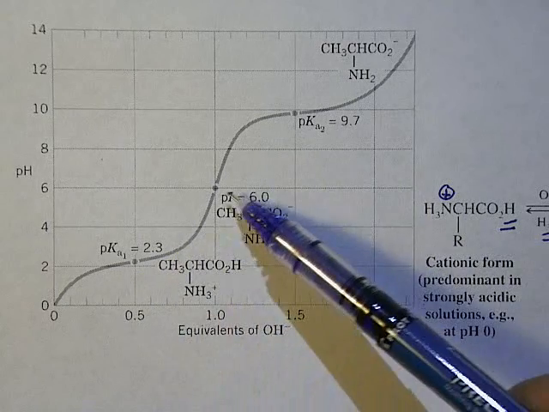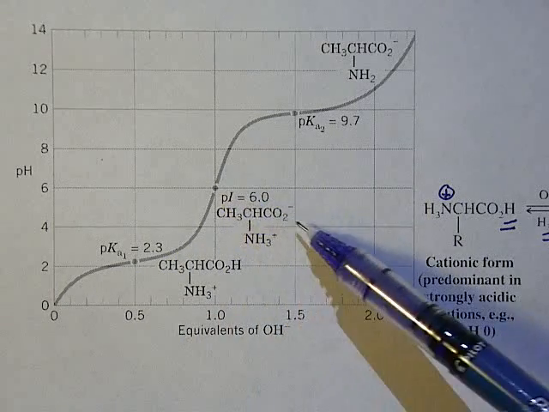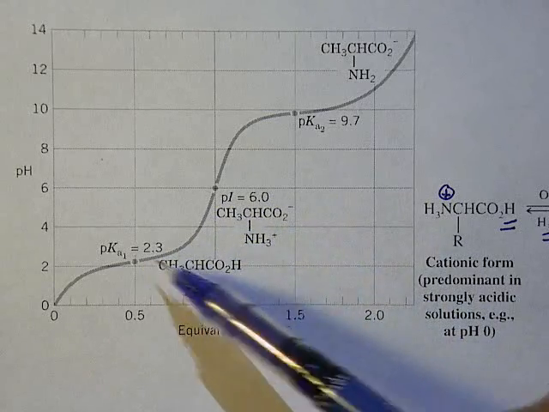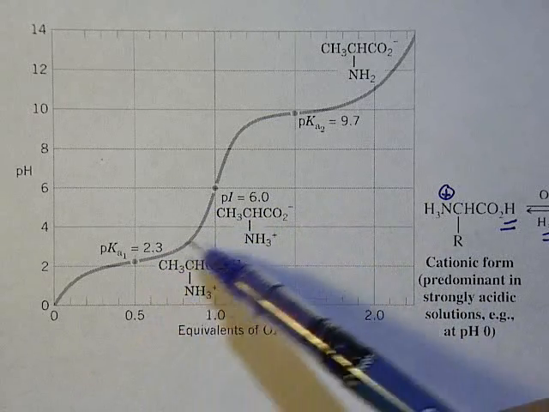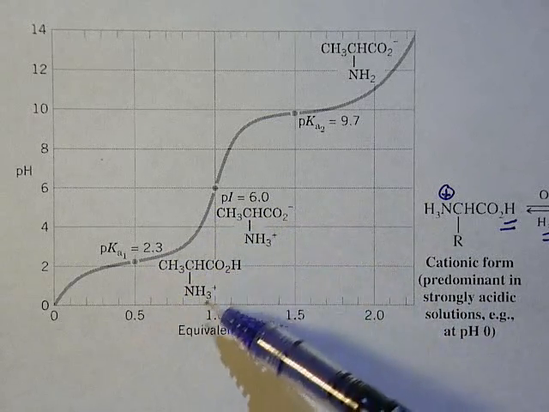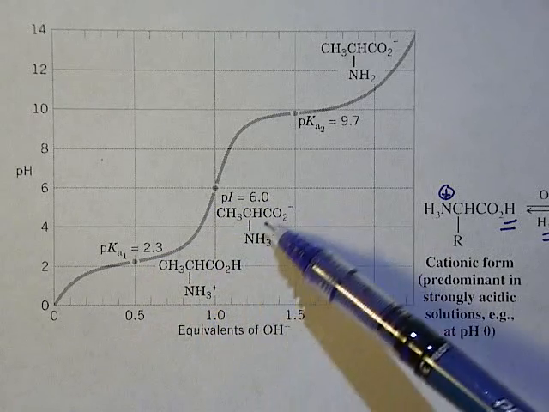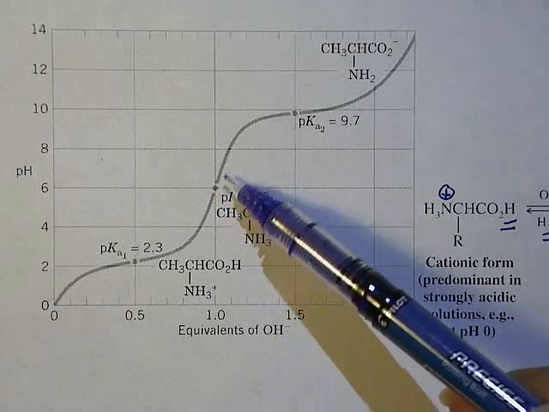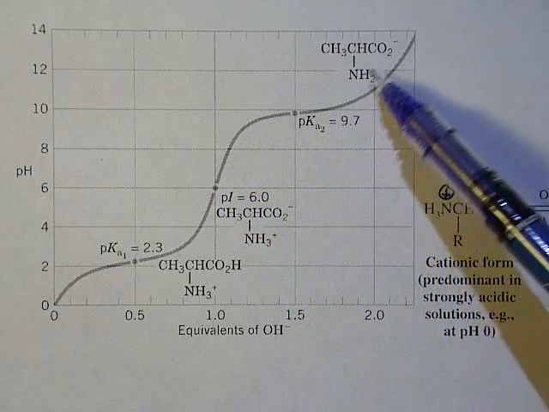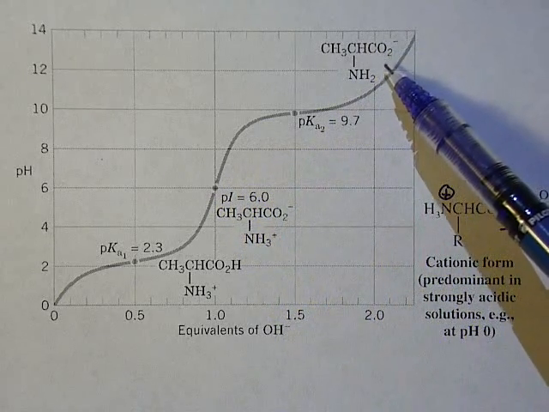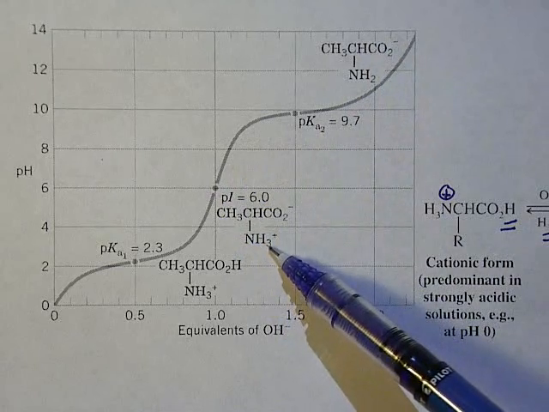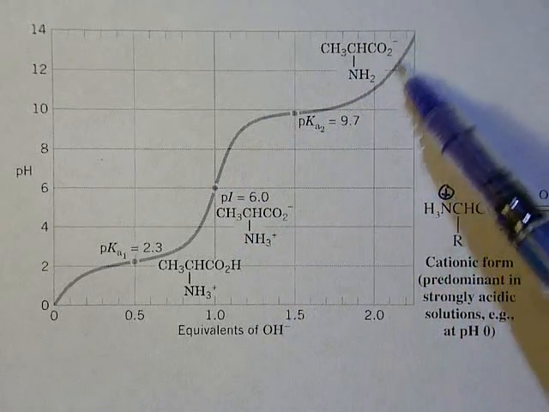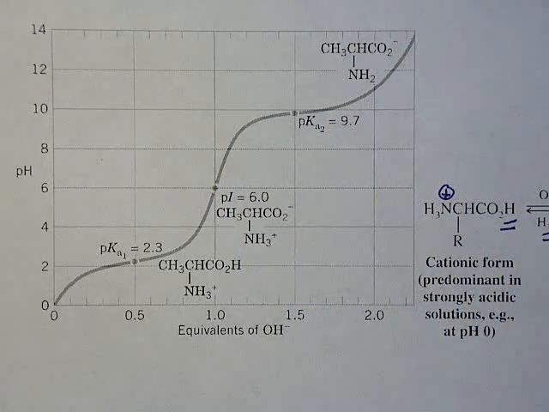From the pI, where it is a neutral form, if you go more and more acidic, you are going to have this form dominating, where the carboxylate is going to get protonated. From here, if you go more and more basic, then it's going to grab that extra proton off of the ammonium ion, and so overall it's going to be negatively charged, and this is the form that's going to dominate.